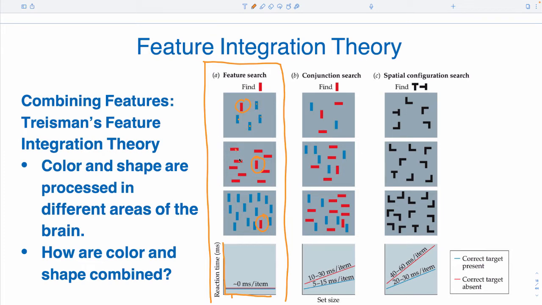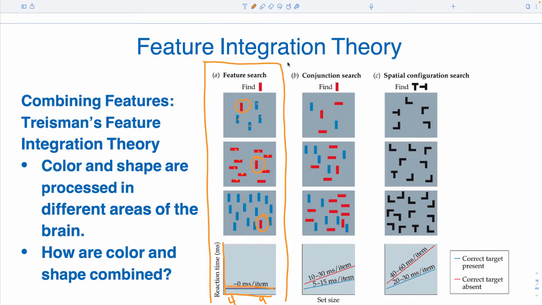Here, there's 1, 2, 3, 4, 5, 6, 7, 8, 9, and there's 9 here as well. So either 4 or 9 distractors. Reaction time is flat and about 0. In other words, participants instantly recognize and find the red vertical bar regardless of the number of distractors. Why? Because we don't have to search for it. It pops out at us. It has a unique feature in all 3 of these circumstances.